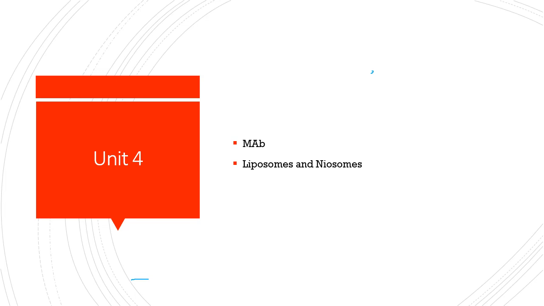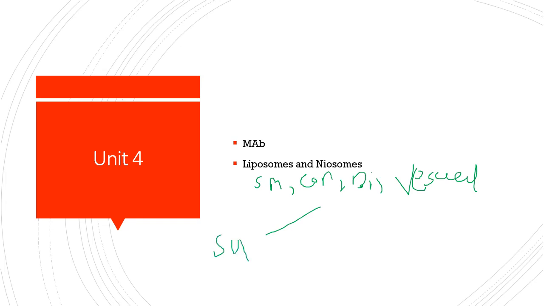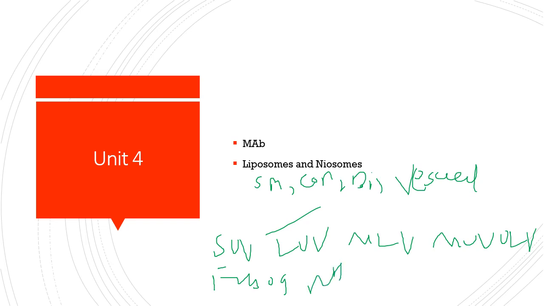Liposomes and niosomes. These are basically vesicular systems. They are small, concentric, bilayered vesicular systems. These liposomes can be classified as SUV, LUV, MLV, OLV, MUV, fusogenic, cationic, pH-sensitive, immuno.